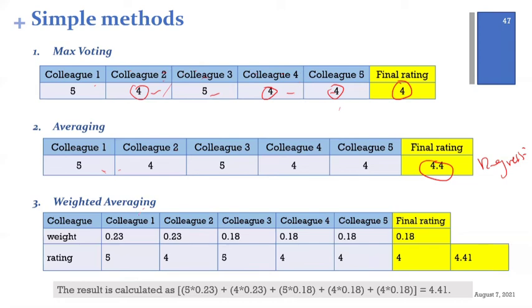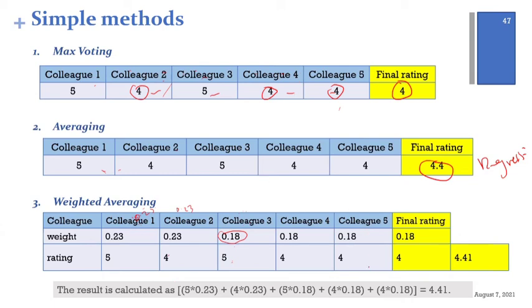So we have someone who is a medical doctor with a lot of experience. Your colleague number 1 is a professor of medicine, with so many years of experience. We say, okay, whatever decision he takes is going to have a weight of 0.23. The second guy is also given 0.23, but newly trained doctors are given 0.18, so that the effect of whatever decision they take is brought down. Sometimes we use this kind of idea. If it is still dealing with regression, then we are going to calculate it like this.